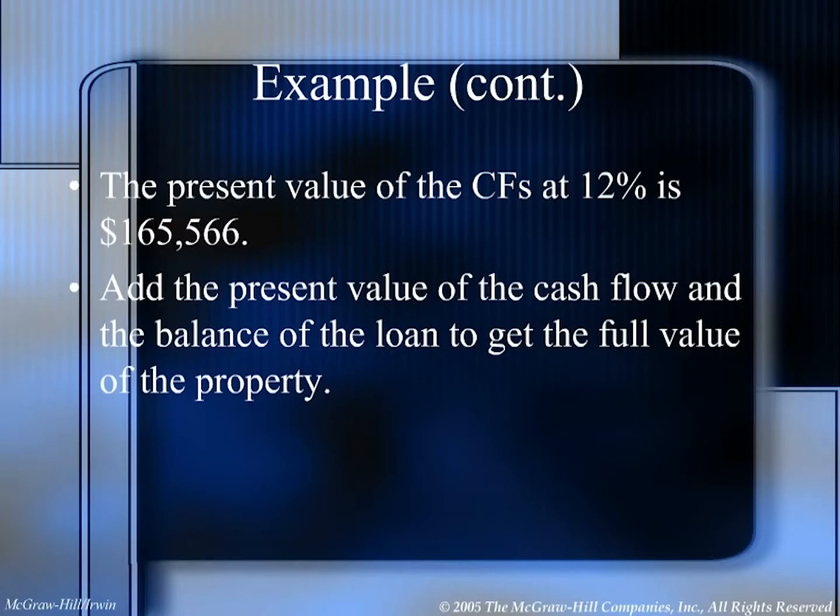We add that to the 336,394 that the mortgage was, the balance at time zero, and we get a value for this property of 105,960.